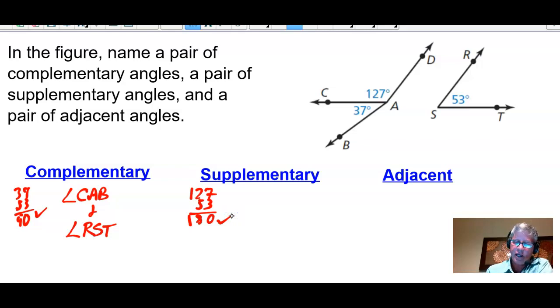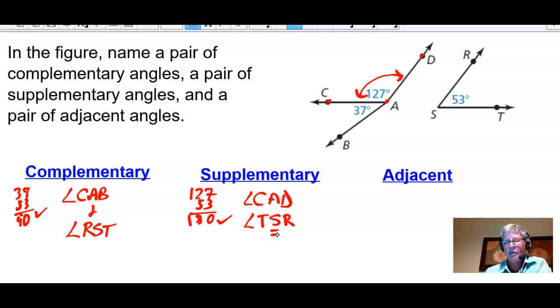So we would say angle CAD. Start with the side, go to the vertex, go to the side, so that implies that angle. And we want to say this angle, in this case, let's say TSR. Order doesn't matter as long as that vertex is in the middle.